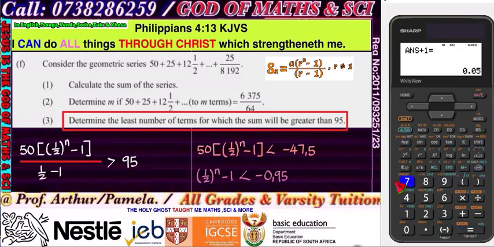There we go, 0.05. So I want to work within this space. So we now have half to the power of n is less than 0.05.